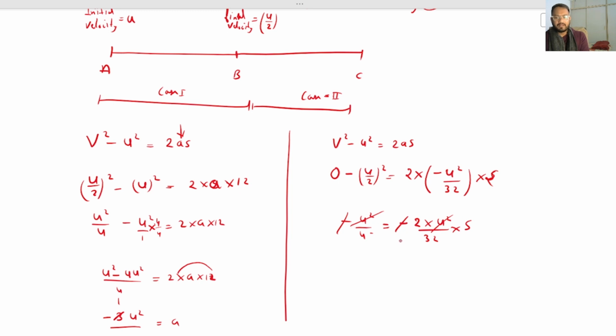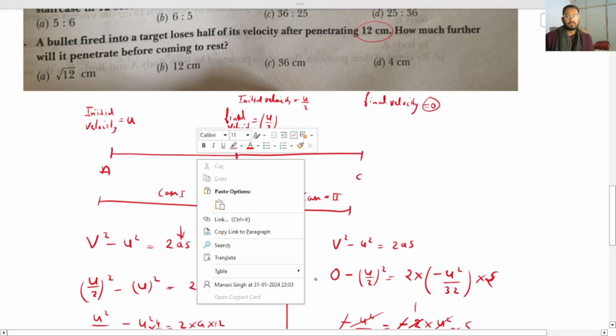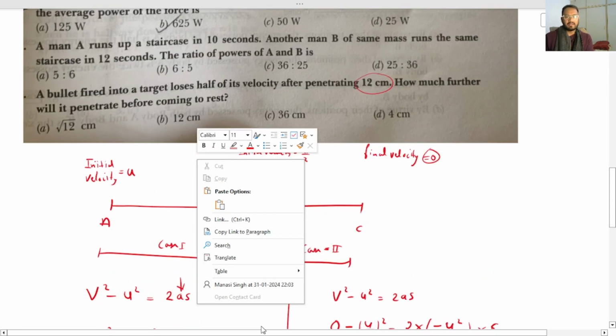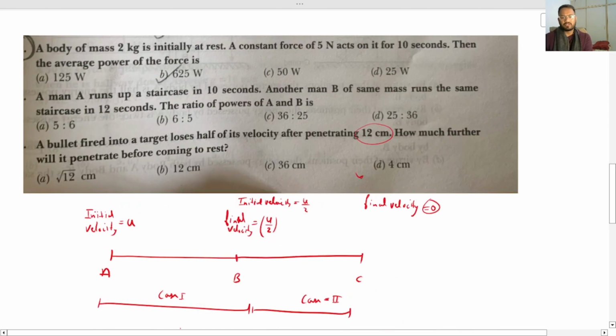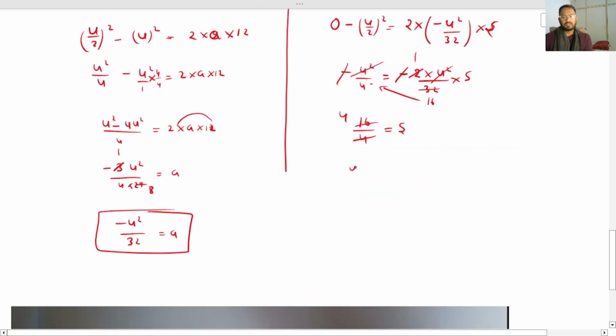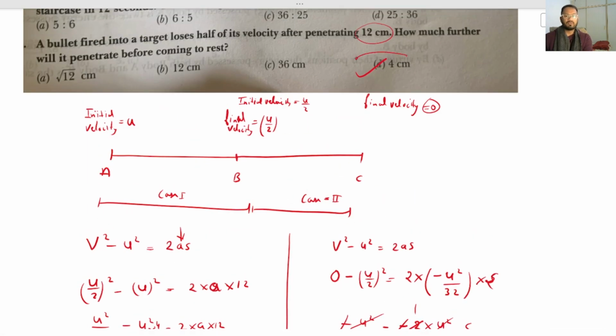What is left? 2 times 1 is 2, and 2 times 16, so you can send it to the numerator, 16 upon 4 is equal to s. So the answer is 4 centimeter, which is in the options. So 4 centimeter is equal to s, right? This is the answer.